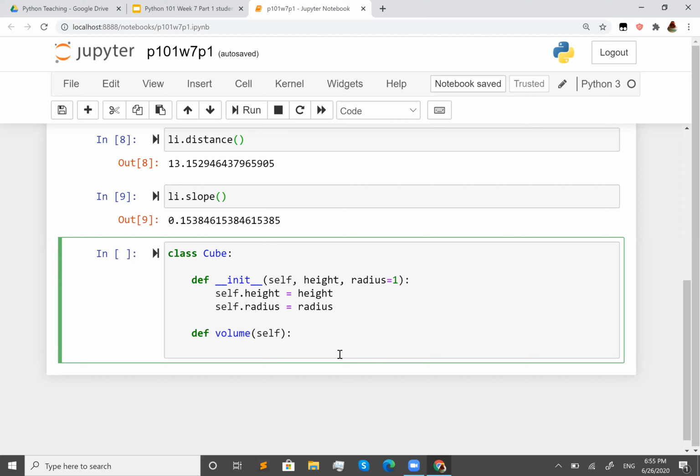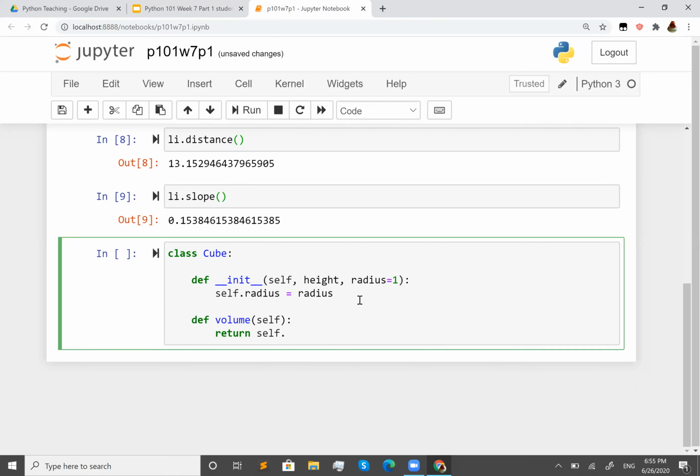So next up, okay, so s to the power 3. Now we're just gonna return self dot. Oh wait, why did I add height? I'm sorry. It's side. Okay, we're just gonna call it side.